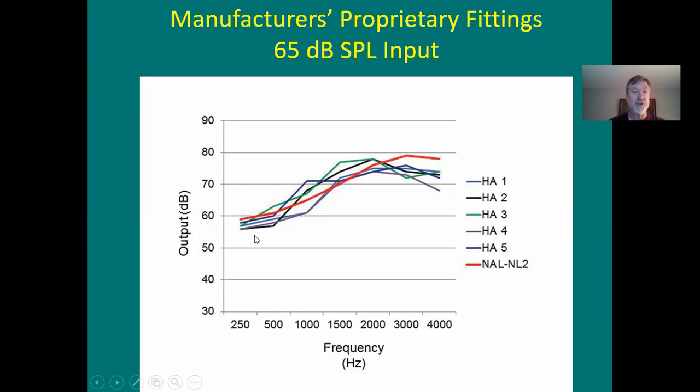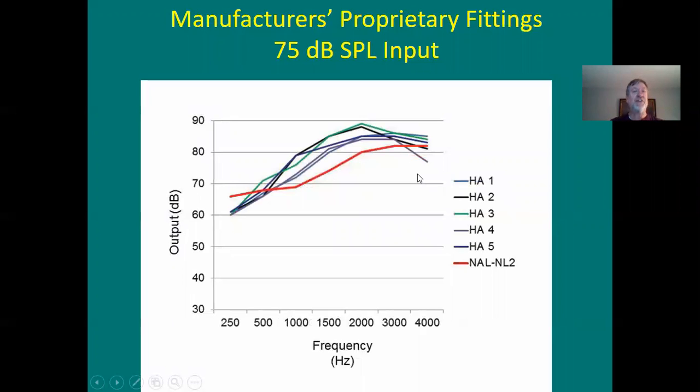Interesting what they do. They give more in the mids than NAL 2 would suggest, and less in the highs. And now look for a 75 dB SPL input. Even more in the mids and similar in the highs.